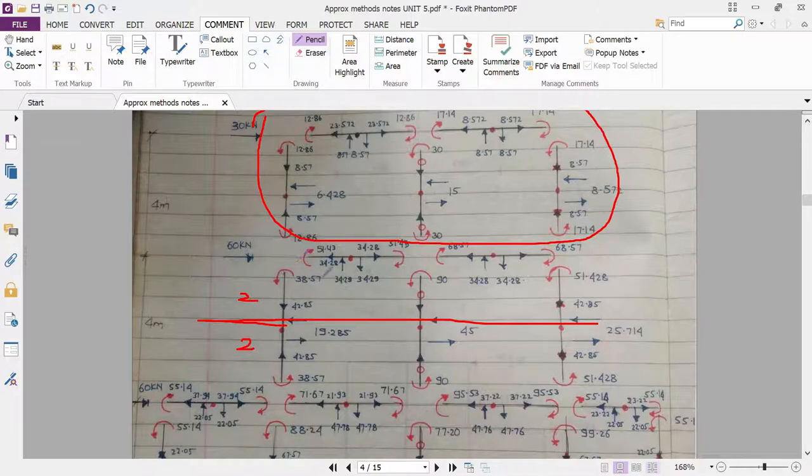So 38.57 minus and 12.86 minus, when you club this you will get minus 51.43. As the value comes to be minus, we have to maintain the equilibrium condition at this joint, therefore apply the clockwise moment of 51.43 here.